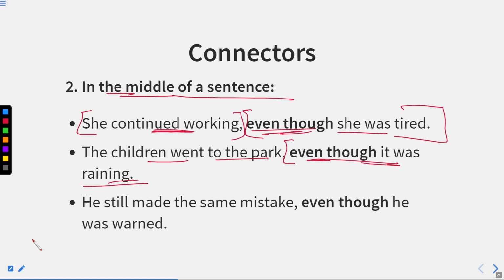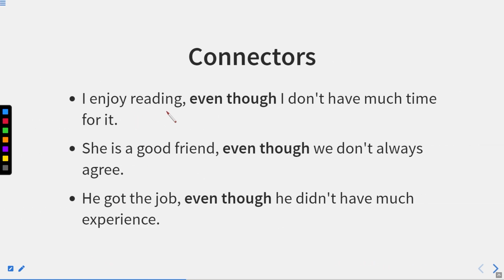He still made the same mistake even though he was warned. So he was not affected at all by that warning. He continued to make the same mistake. He did not improve. I enjoyed reading even though I don't have much time for it. She's a good friend even though we don't always agree. So despite our disagreement, we remain good friends.